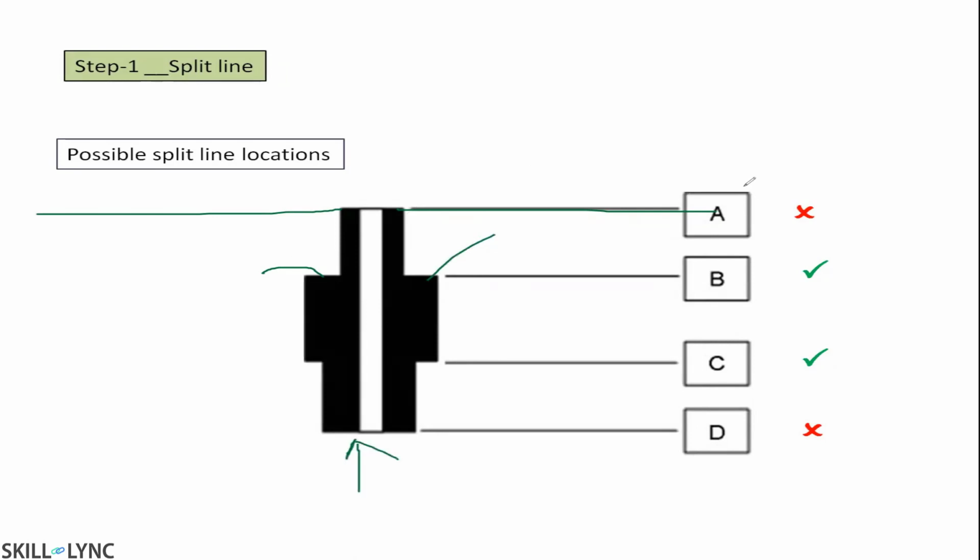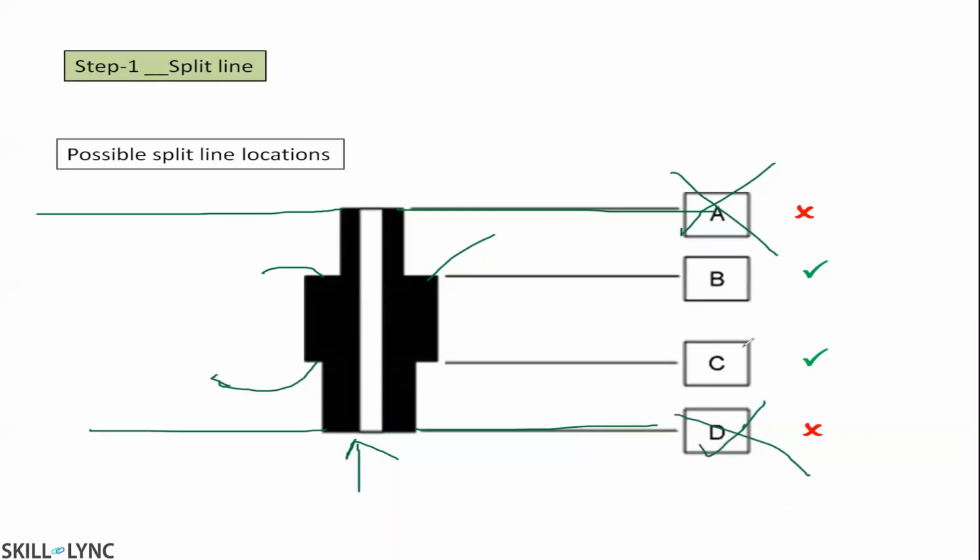So this is omitted, we can't do it, and we can't make the parting surface here either. The plastic part won't come out of the cavity, because this will be an undercut on the cavity side. So this is not an option.